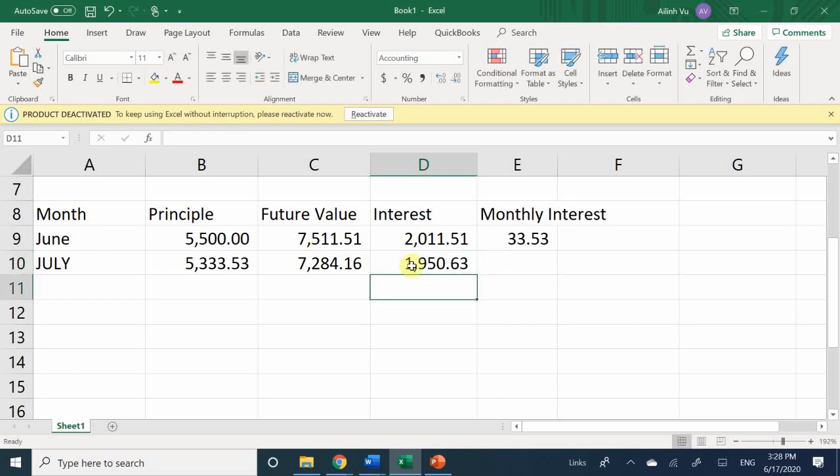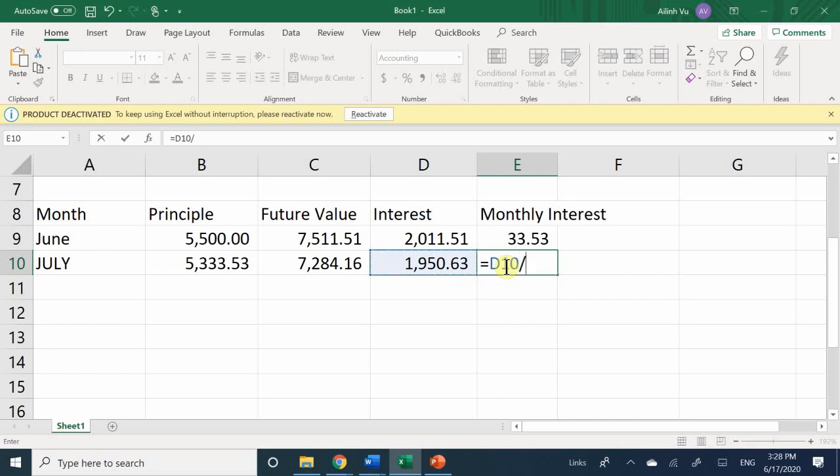And now my new interest is 1,950. And how do I find out how much that is over the existing life of payments? I take this number and divide it by 60. So that means now my interest is going to be lower.